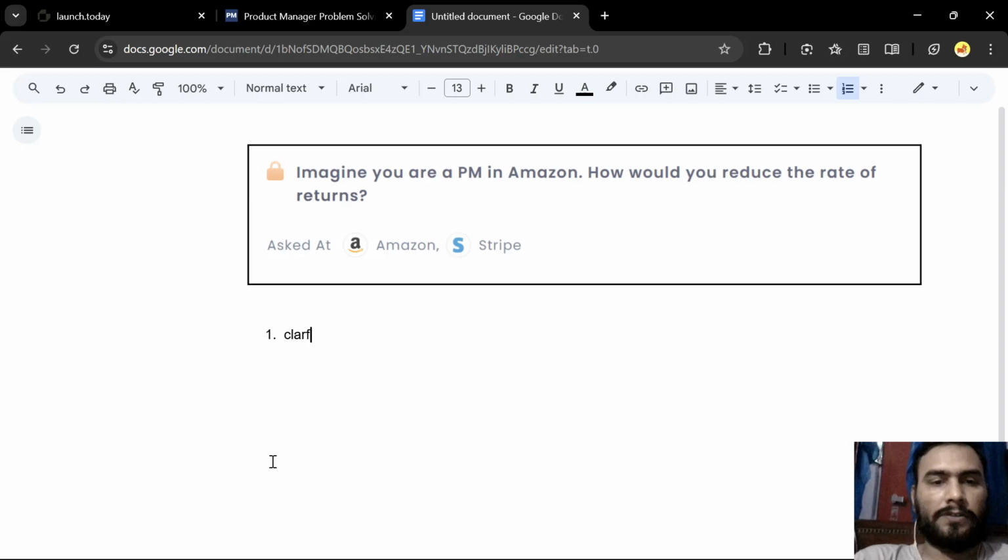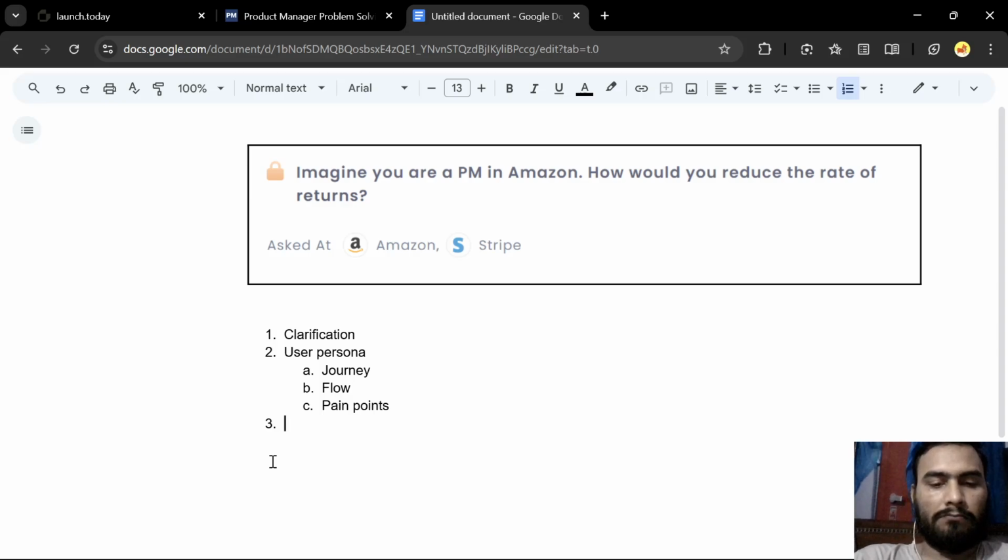approach. First is the clarification, and second would be user persona, and this user persona will include the user journey, flow, pain points.